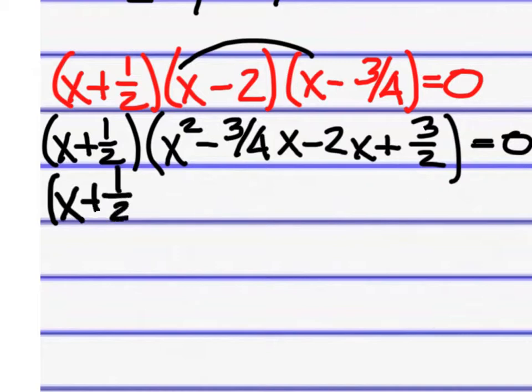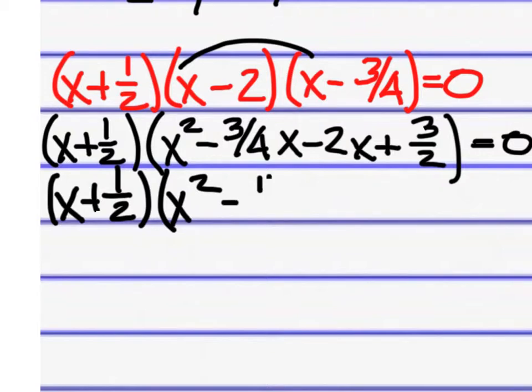Keep your x plus 1/2 and then the x squared. You have negative 3/4 minus 2. If I change this 2 to a denominator on the bottom of 4, that makes the 2 8. Negative 3 minus 8 is 11.